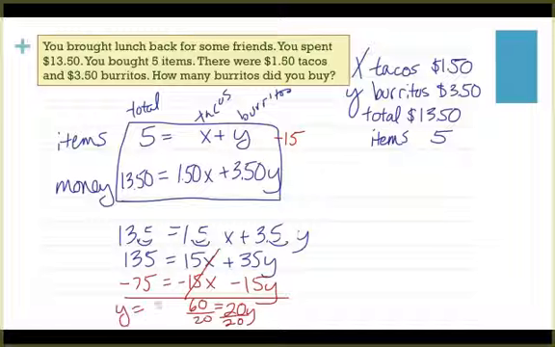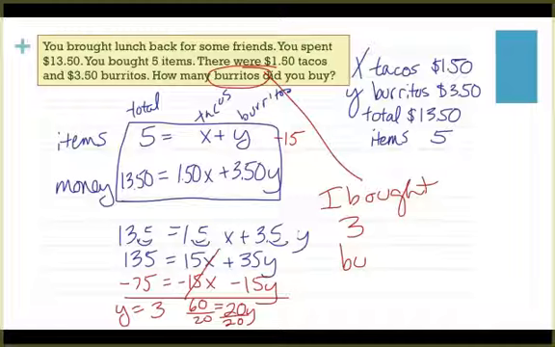So y is 3. Okay, now is y what we wanted? We wanted burritos. They only care about the burritos. So how many burritos did you buy? I bought 3 burritos. Should I really stop there? No, quickly I'm going to check and make sure that was right.